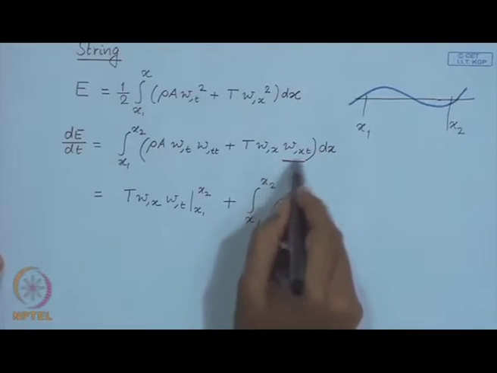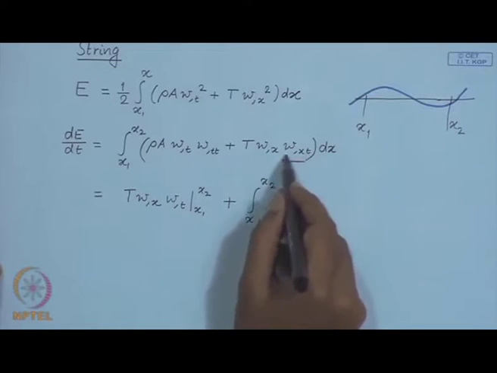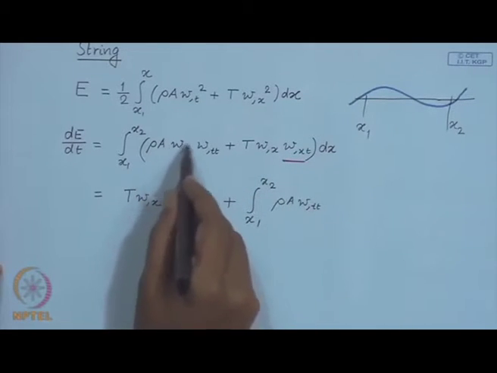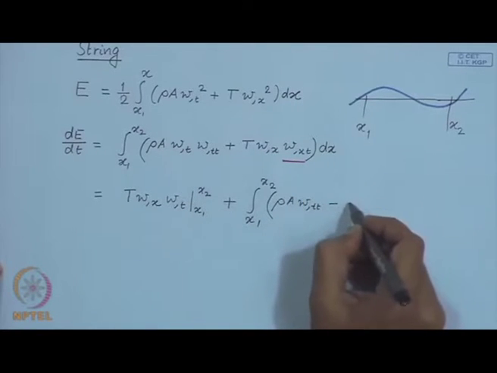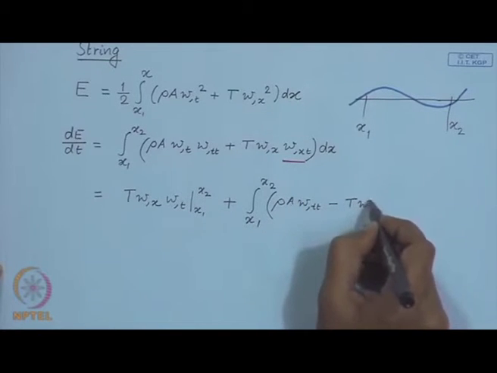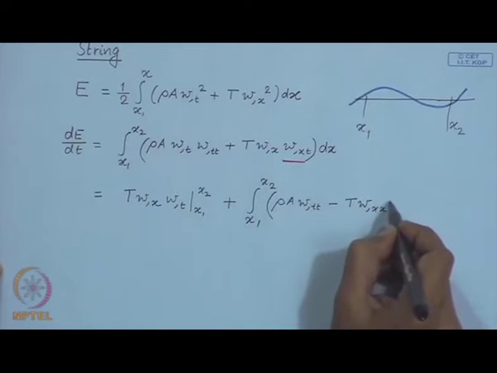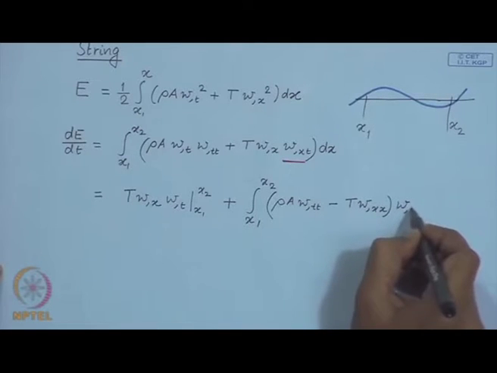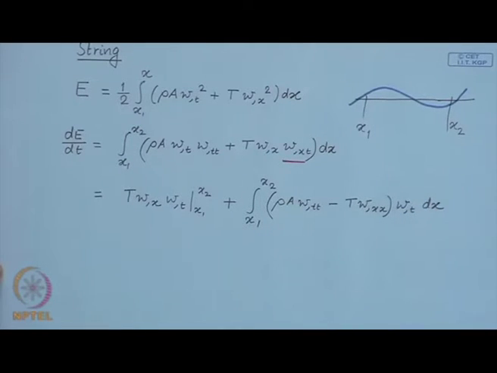Now, when we do the spatial integral of this function, I will have a del w del t here, and I also have a del w del t which I can take outside, and there will be a negative sign and the spatial derivative of this function. That is what we have.